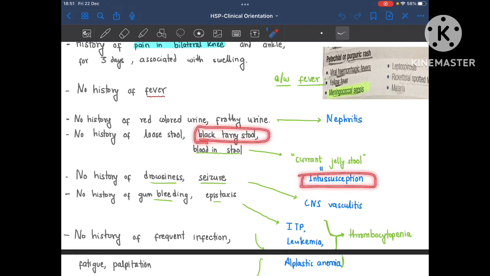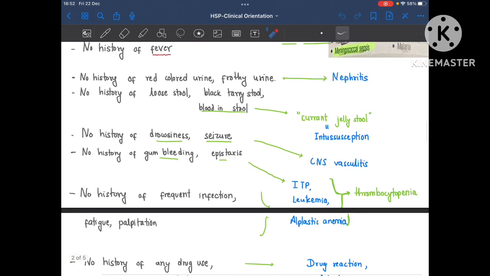If it is a case of intussusception, another complication apart from the perforation in the GIT, the child presents with currant jelly stool. Now, is there any drowsiness or seizure? We should ask this because another complication is CNS vasculitis. It involves the renal, GIT, and CNS. For CNS vasculitis, we should ask about drowsiness and seizure.